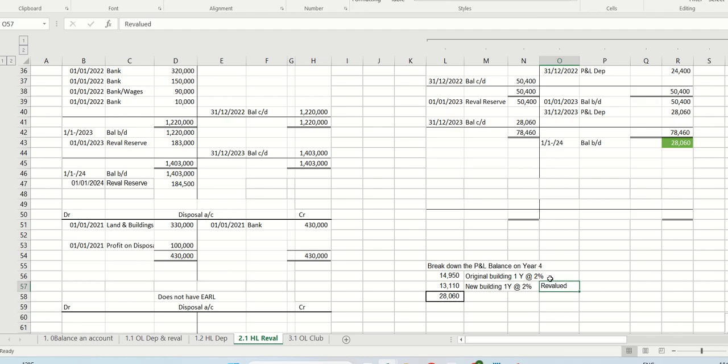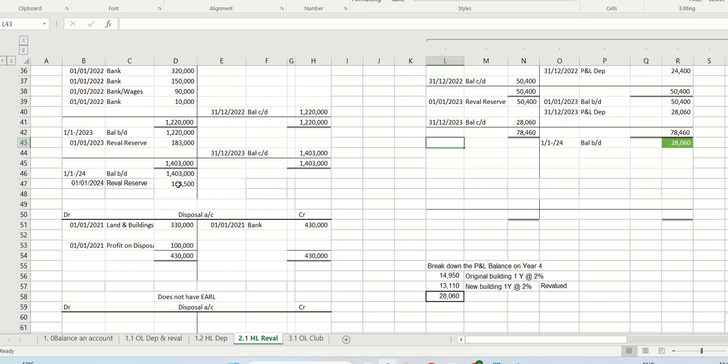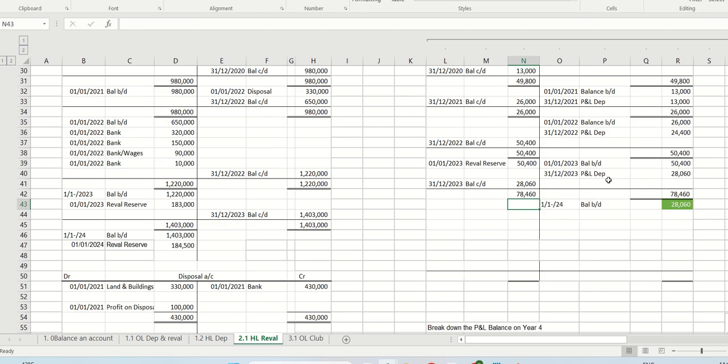So when we're doing our revaluation reserve for the new building that's kept, we've got to wipe the depreciation. We increased the value of the asset over here by 184,500, and now we've got to wipe the depreciation here in our provision for depreciation account.